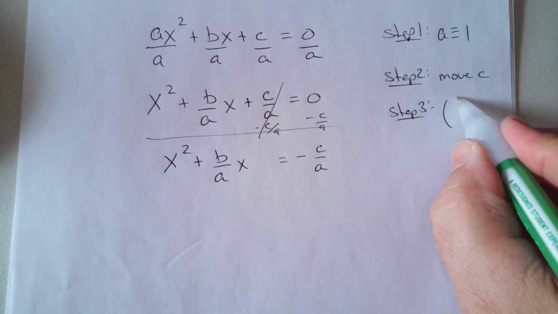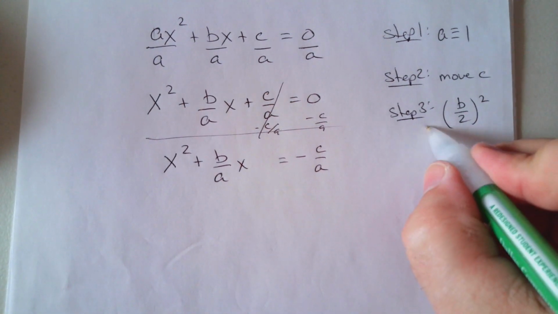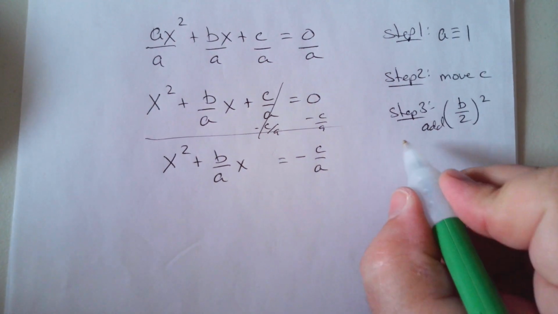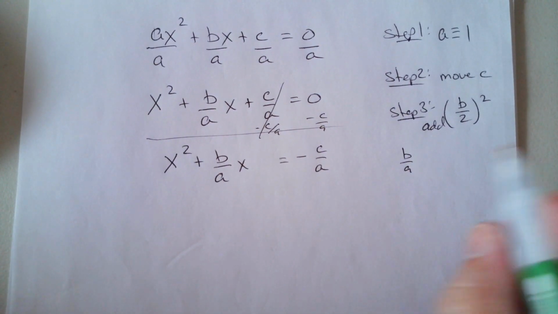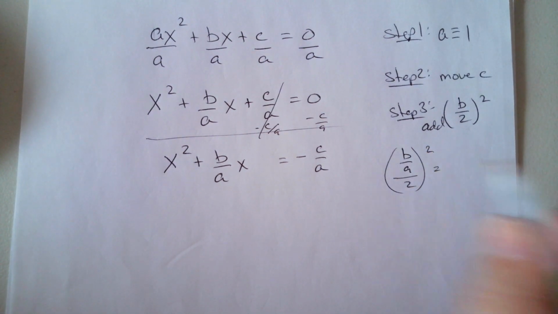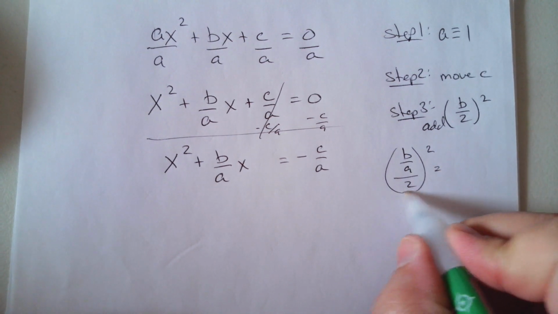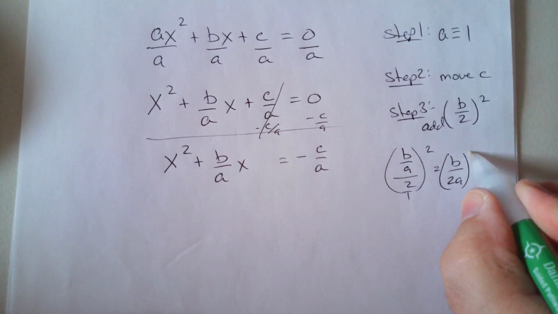Step 3, add b over 2 squared to both sides. So remember, b in this case is b over a. So we're going to have b over a over 2. Which, if you follow what I did last time, is b over 2a squared.